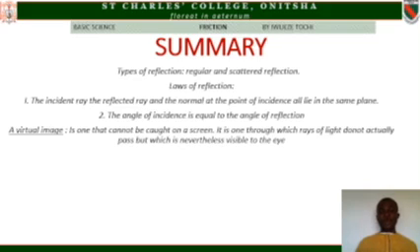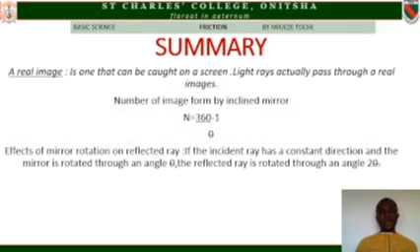It is one through which rays of light do not actually pass, but which is nevertheless visible to the eye. A real image is one that can be caught on a screen. Light rays actually pass through a real image. Number of images formed by inclined mirrors: n equals 360 over theta minus 1.